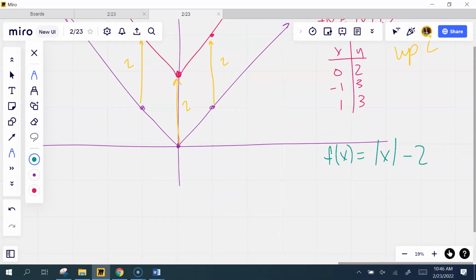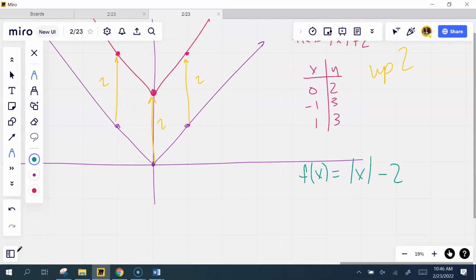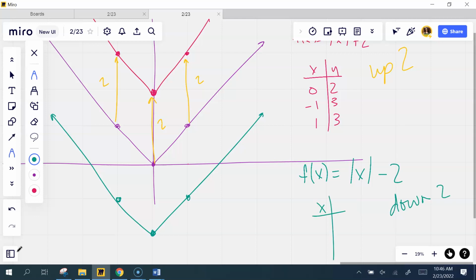If I know that parent graph right off the top of my head, I can just move all these points down 2, and if you do your t-chart, you'd see the same thing, (0, negative 2).